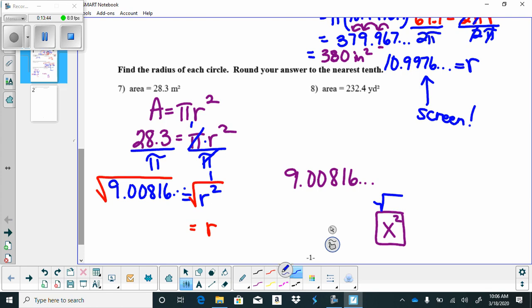So to activate it, you take what's on your screen and press the second button, which is the blue button, and then press that x squared button, which is going to activate that little symbol, the square root button. So I'm going to do second square root, and then I do second answer. Okay, ANS is down at the bottom of the screen above the negative symbol. Sorry, I did it again. Hold on.